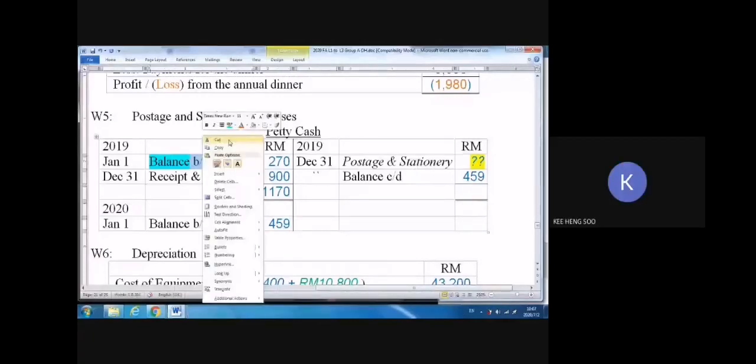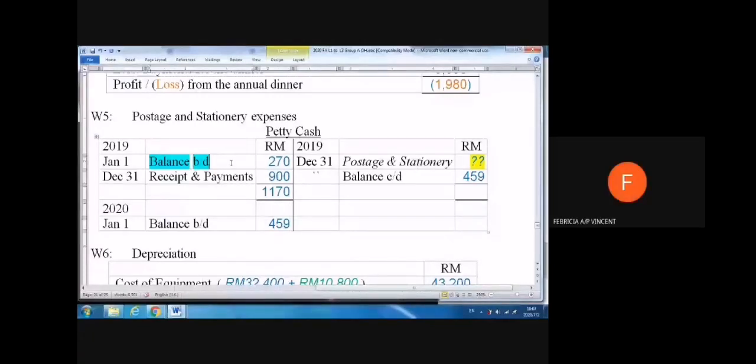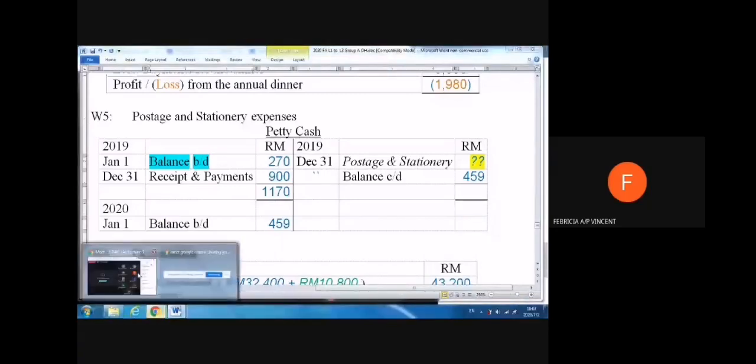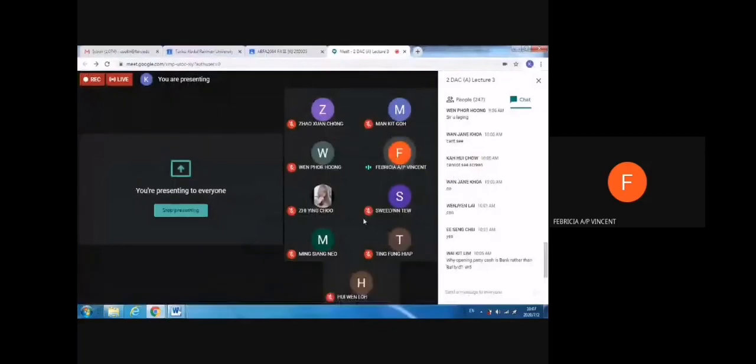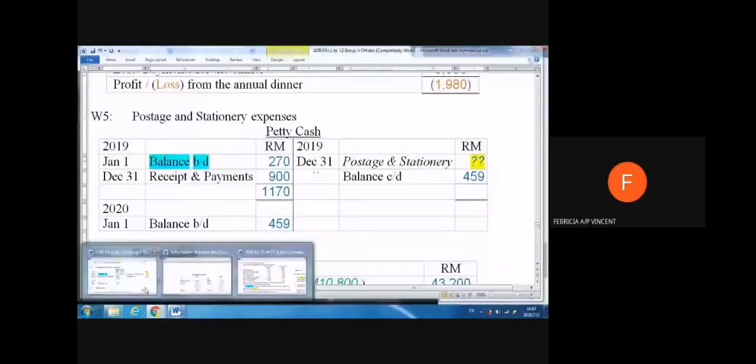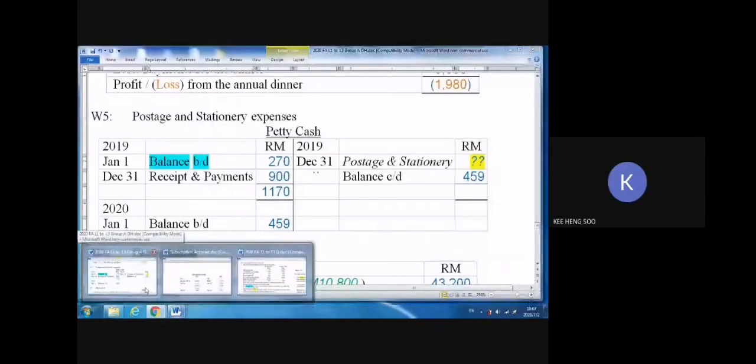Sir, for the bar trading, the closing inventory, is it the 19,125? Which one, closing inventory for? Bar trading.